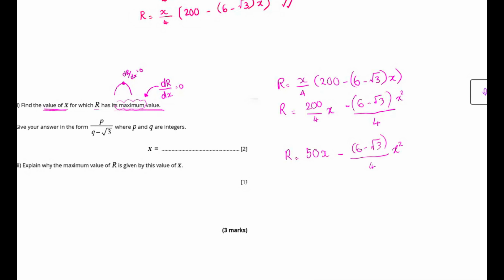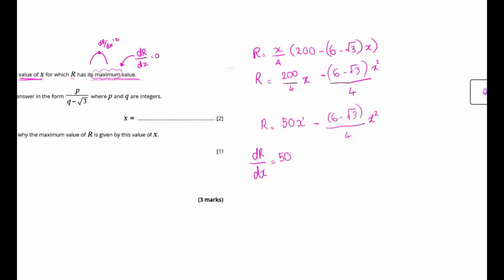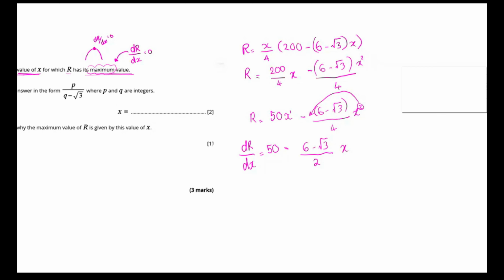Okay, now let's differentiate. So dr over dx. For the x term you've got 50, and for the x squared term multiply by the power, take one away from the power. So if I multiply the power, it's going to be 2 over 4, which will leave me with 6 minus root 3, and it will simplify into over 2. Now we know that at a maximum point, dr over dx is 0.